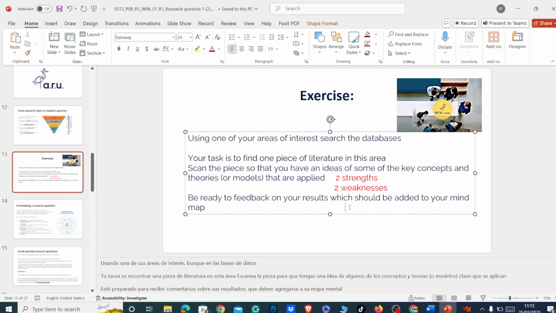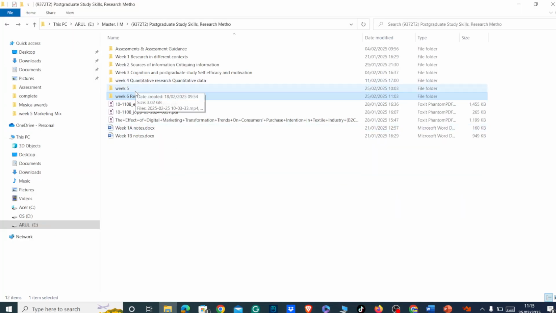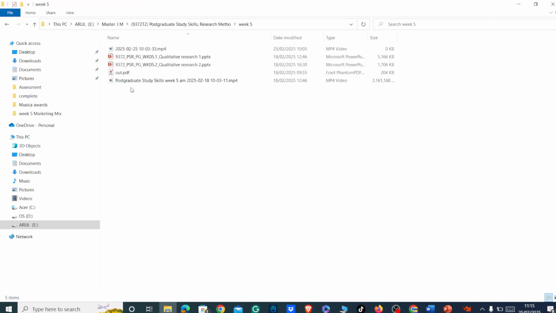Now, who hasn't got a piece of literature yet that they are going to be looking at? Do you have a piece of literature to look at yet?